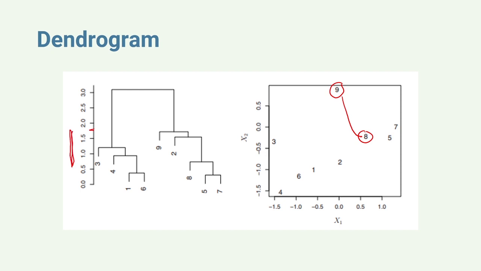Compare that to a point which is further away, like 9 to 1. So the distance from 9 down to 1, if I go down on the y-axis, I can see that this horizontal distance here corresponds to this linear distance here.